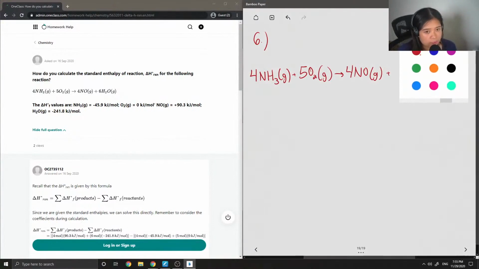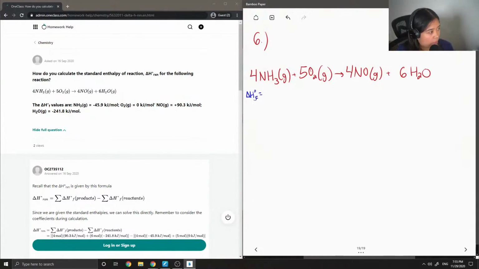So notice that they also give us the delta H formation values for all of these compounds. So I'll just write it in blue. For NH3, it is negative 45.9 kilojoules per mole.